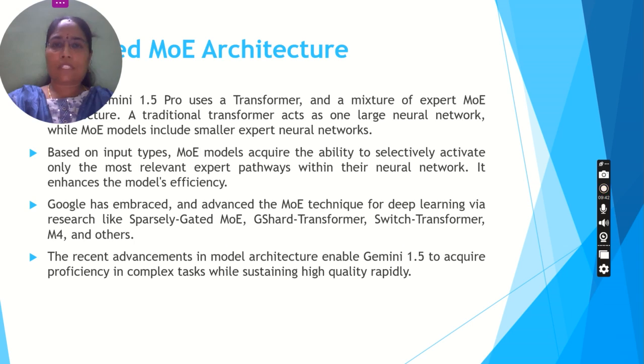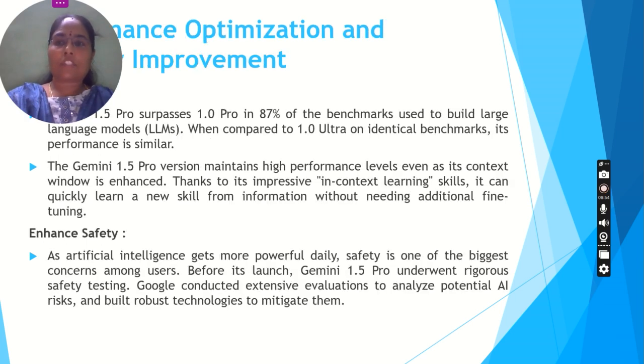So this mixture of experts architecture has all the machine learning kind of thing, and based upon the inputs that we give, it is actually giving some outputs. Then this enhanced optimization and safety enhancement, whatever context that we are giving, and this 1.5 Pro is showing 87% on benchmarks compared to the previous one, Gemini 1.